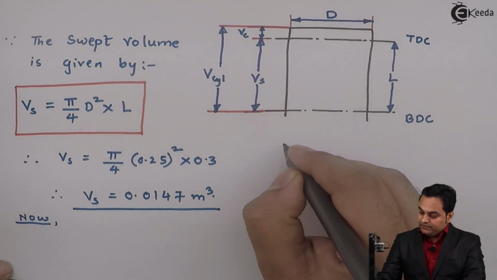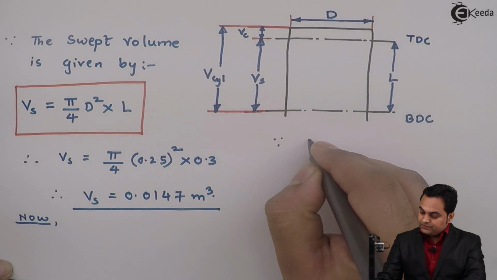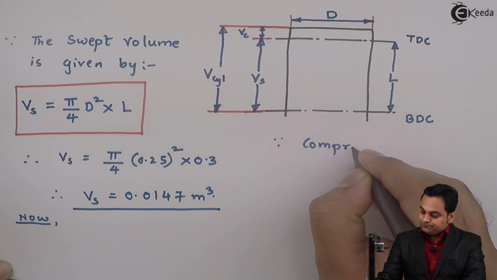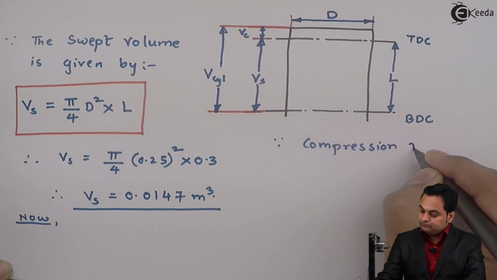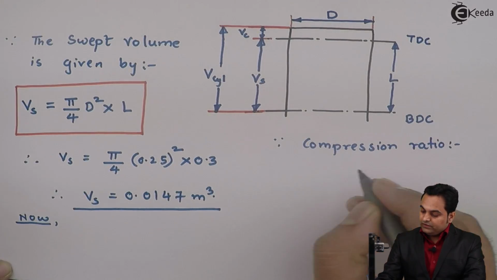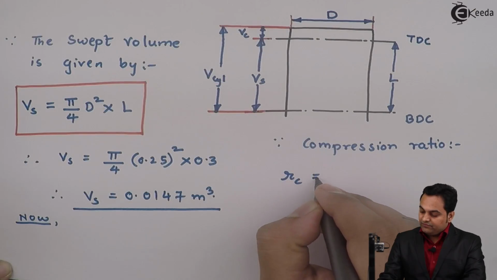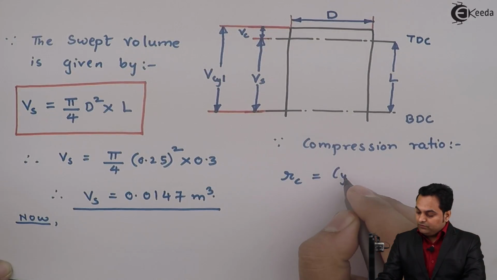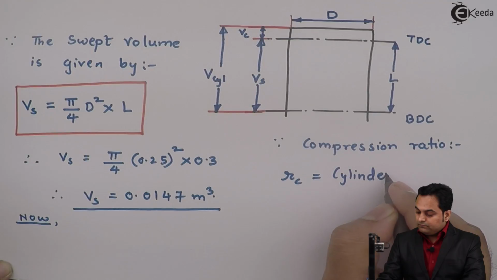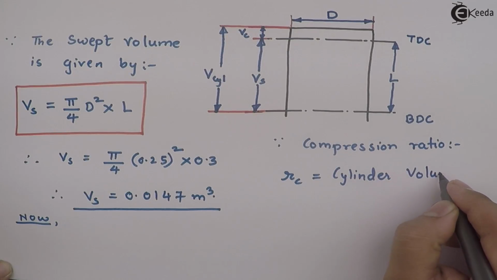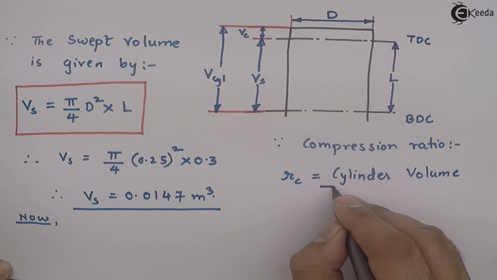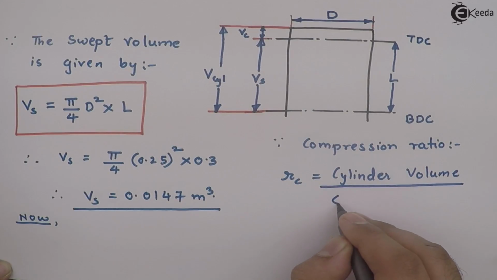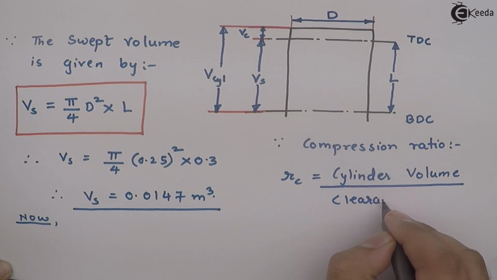Compression ratio, denoted as R suffix C, is equal to cylinder volume upon clearance volume.